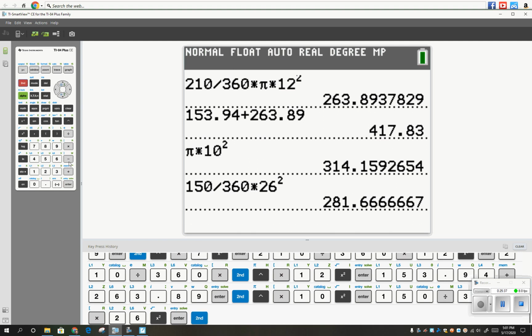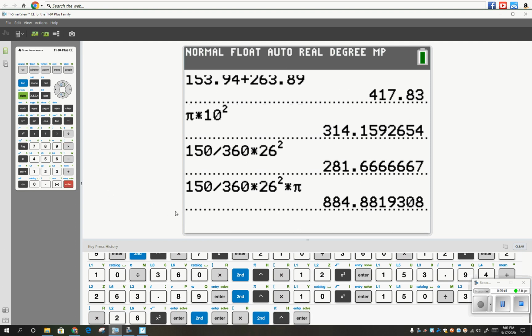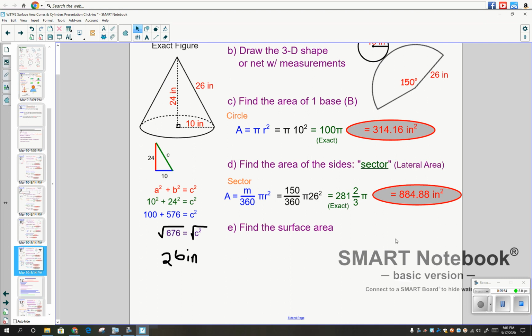But I want to find the decimal approximation, so I want to take that and multiply that by pi to get 884.881, which rounds to 884.88 square inches.